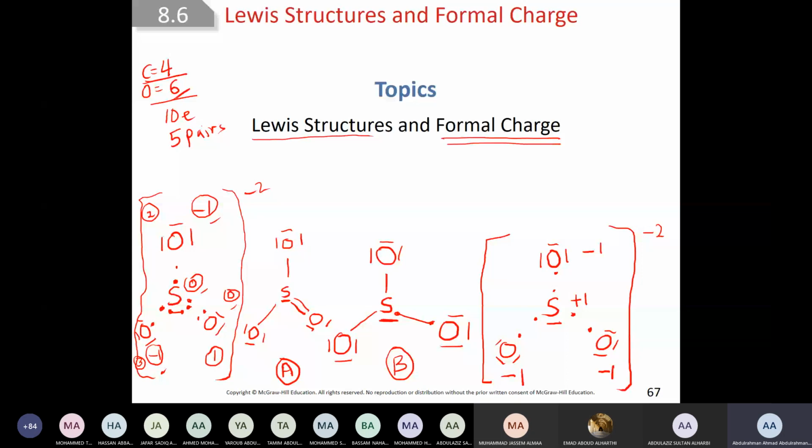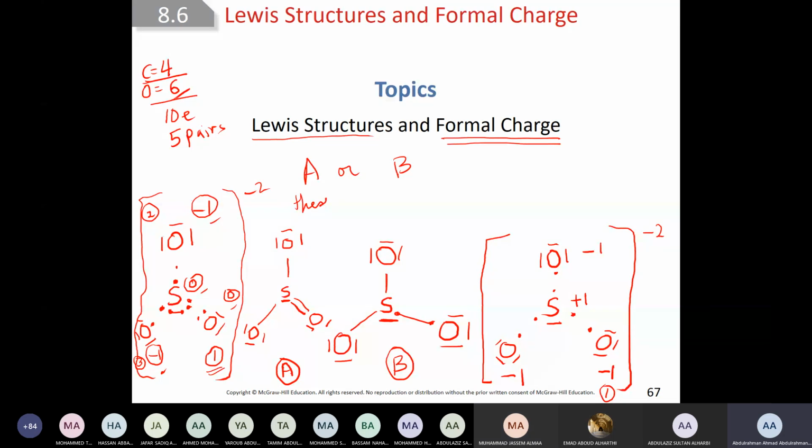And what's the charge on oxygen 1 in B? No, in A, was it -1? 0. It was 0. So which of these structures is better, A or B? A is better, because it has less charge.